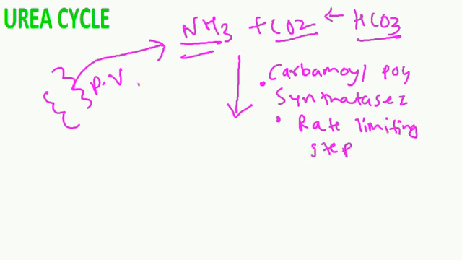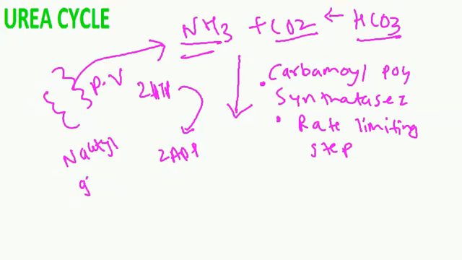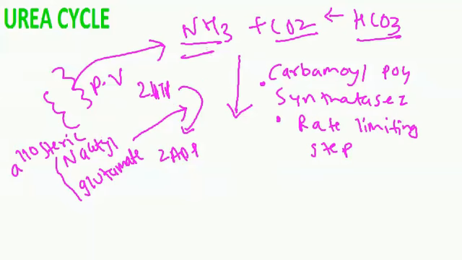We also require here 2 ATPs, which are converted to 2 ADPs, and we also require N-acetyl glutamate, which acts as a catalyst here, also known as allosteric catalyst. So ammonia and carbon dioxide, carbamoyl phosphate synthetase acts on it, and we have carbamoyl phosphate.